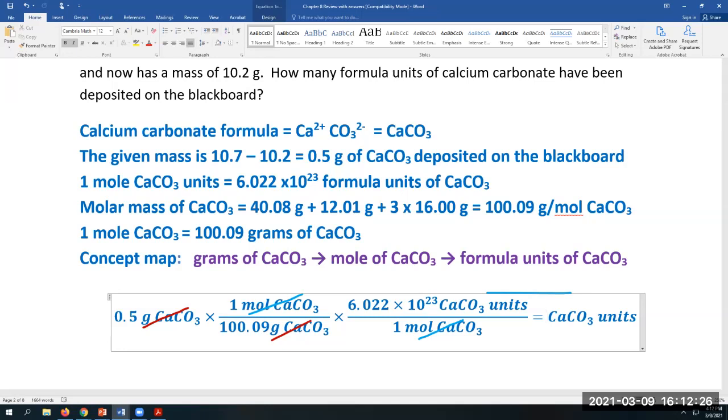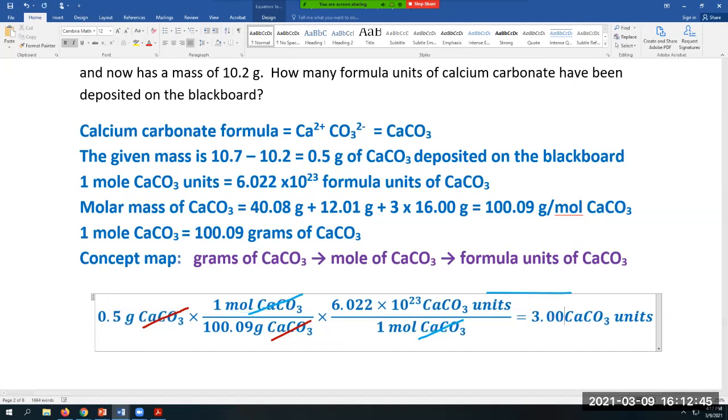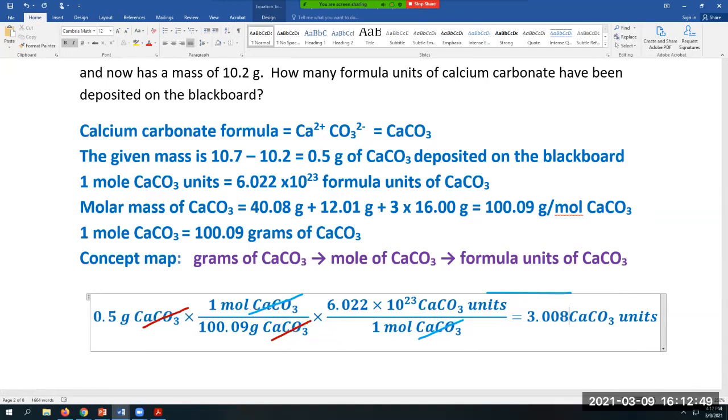So I have the capital E show up and then 23 for the exponent. So that's the numerator, and then divide by every denominator. So divide by 100.09 here. The calculator answer is 3.008. I think that's plenty digits, right?